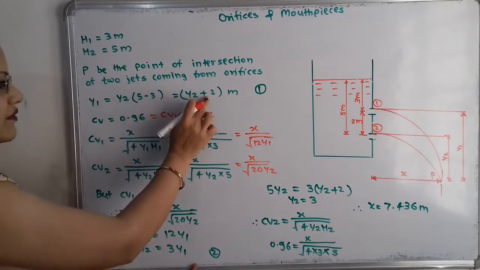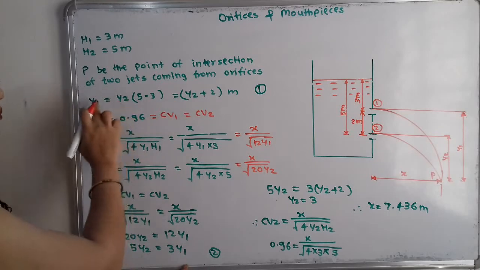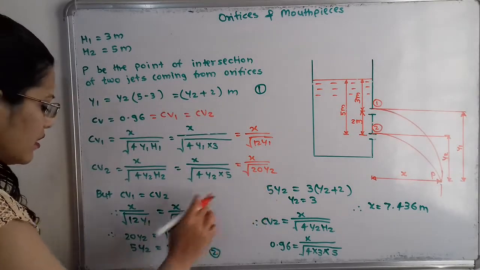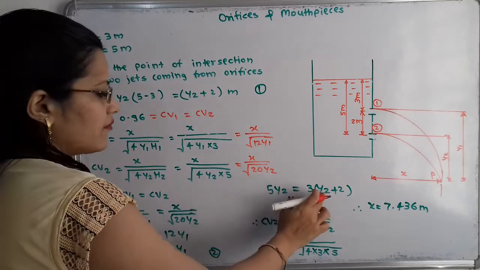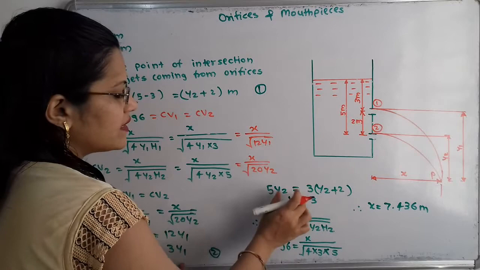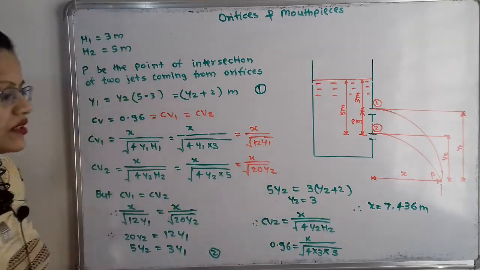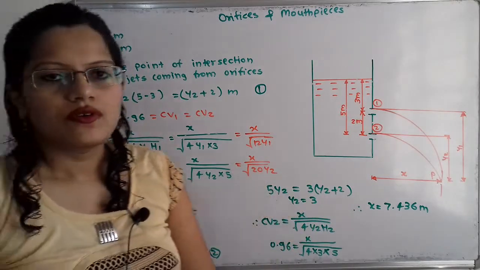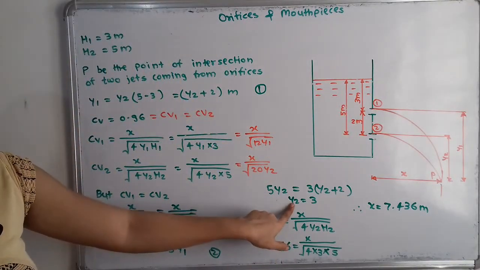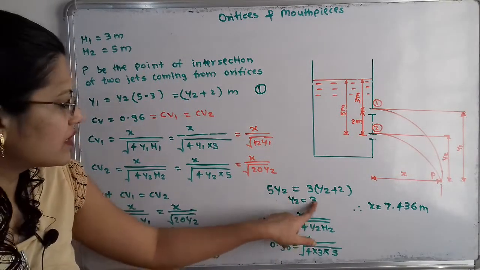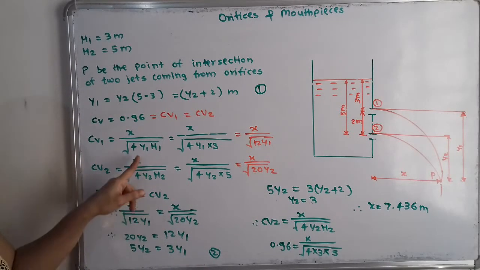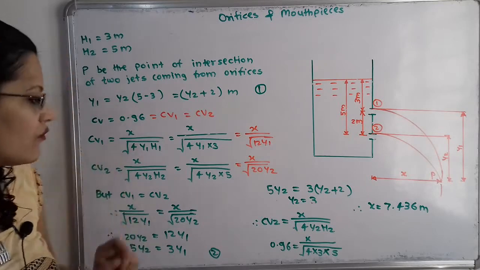From equations 1 and 2, if we put the value of y1 as y2 plus 2, we get 5 y2 is equal to 3 y2 plus 2. Solving this, we get y2 is equal to 3.